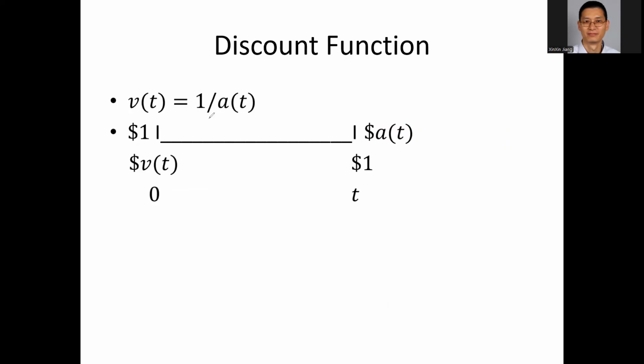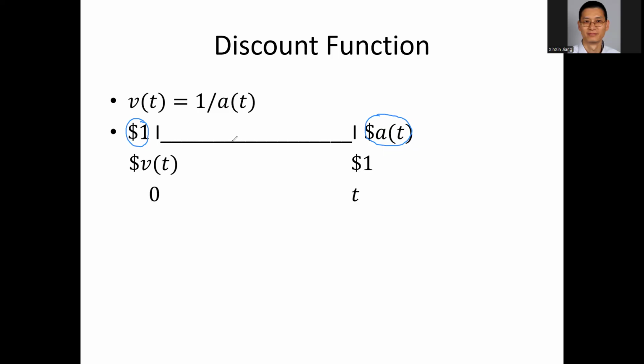We define the discount function as 1 over the accumulation function. Suppose you have $1 here, and at time t you would have a of t, so much money. That's the accumulated value when the principal is $1.